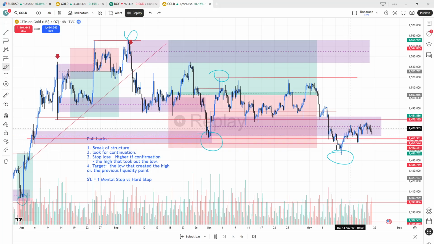But see, the price is not giving a great reaction, so I'm thinking it's going to be hard for price. It's going to go down.